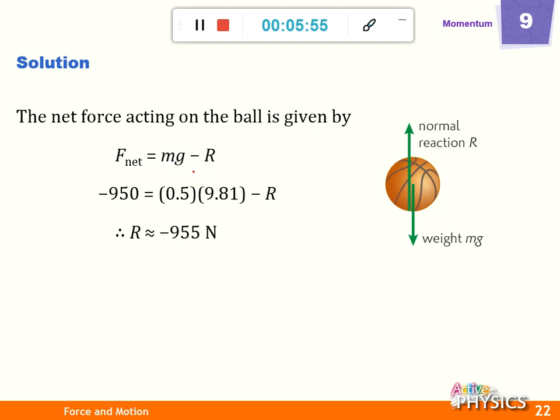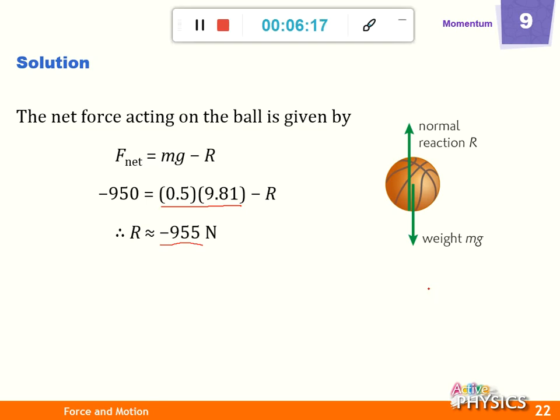Actually, never mind. Focus on the direction, which is very important. Think about which one is positive and which is negative, and put it in. Then after your calculation, you find that you should consider mg. Afterwards it will be negative 955.